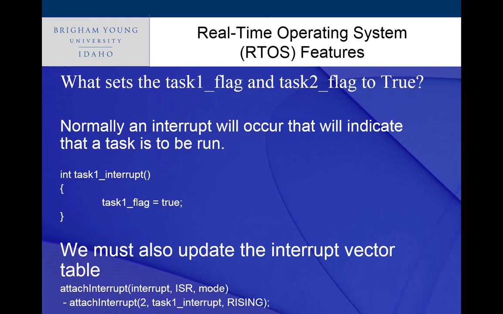So for example, attach interrupt 2, task 1 underscore interrupt, rising, will add to the interrupt vector table at the second location the task 1 interrupt, in a rising manner. So when the interrupt occurs with a rising trigger, the task 1 interrupt function will be run.